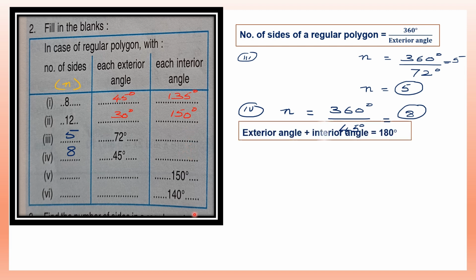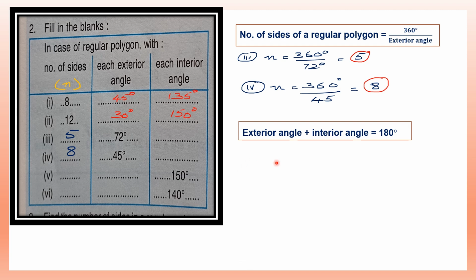So let's use the formula: exterior angle plus the interior angle should be equal to 180. Now, the exterior angle for the third one is 72 degrees plus the interior angle. Let's consider that to be x. Both should be equal to 180.